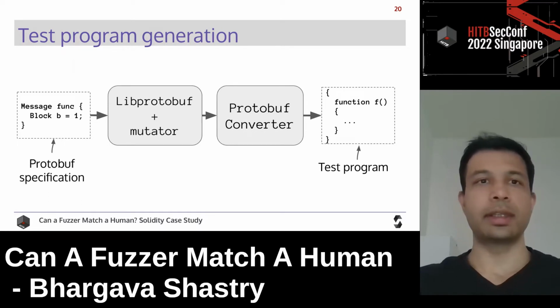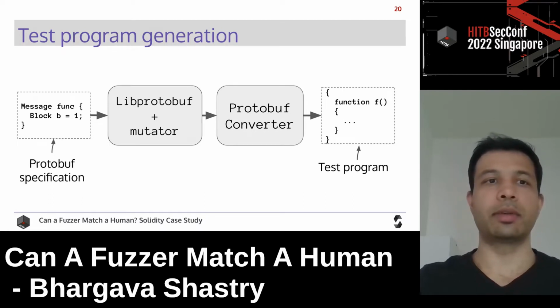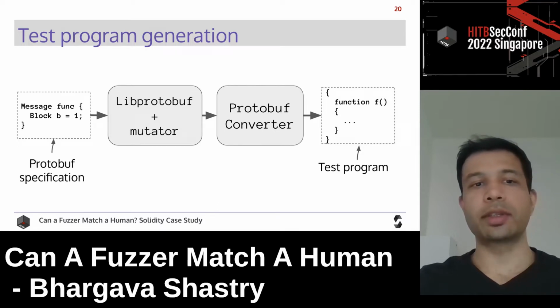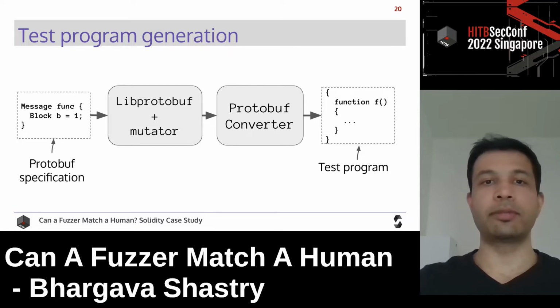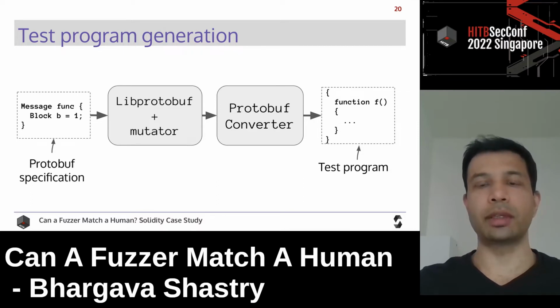All of this is encapsulated in this block diagram. So we have a protobuf specification. We generate instances of protobuf messages using libprotobuf and libprotobuf mutator. We use the converter program that we've written to convert these specifications into real test programs.